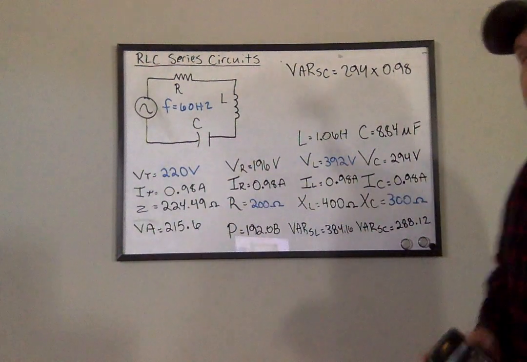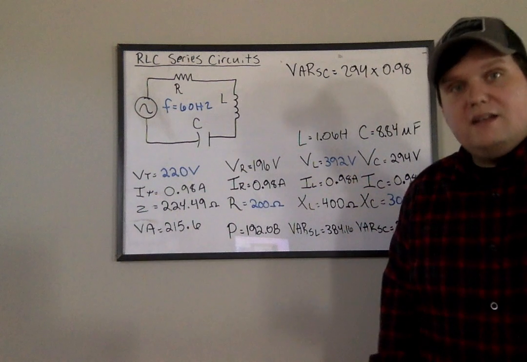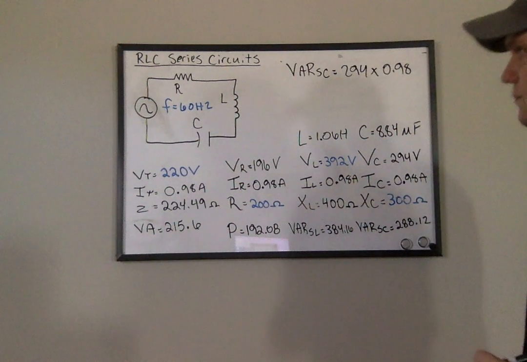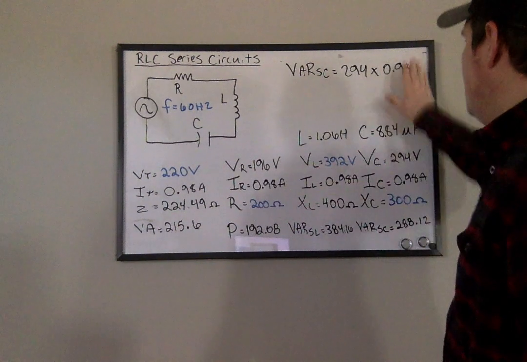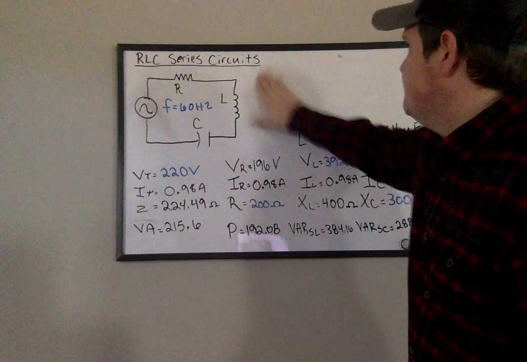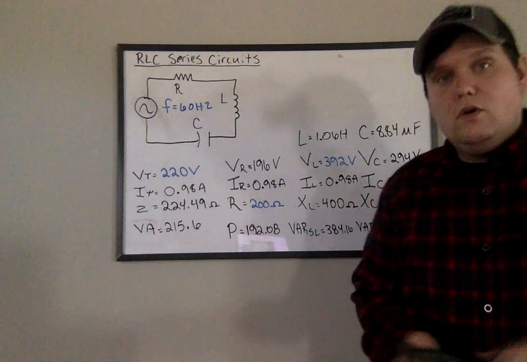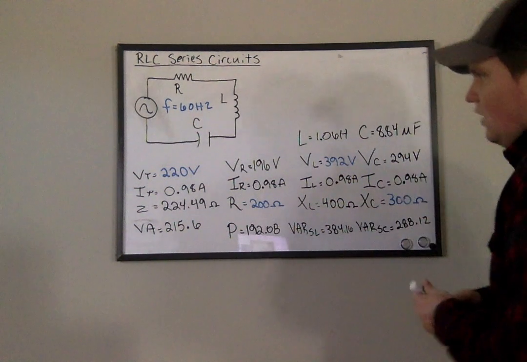So that's what we're going to do really quick before we find power factor and angle theta. Let's do some triangles to see if all of this checks out, and this will be a good review for your triangles.